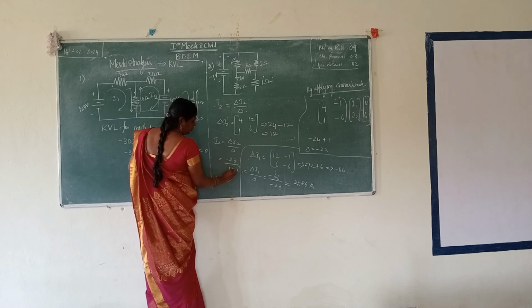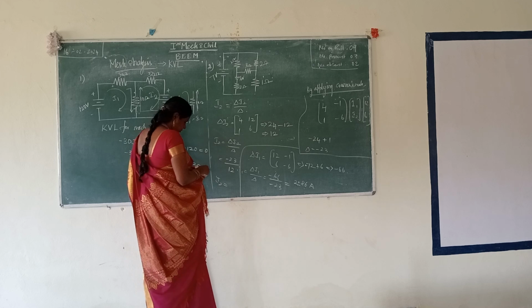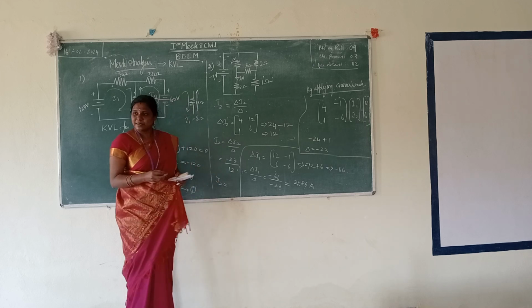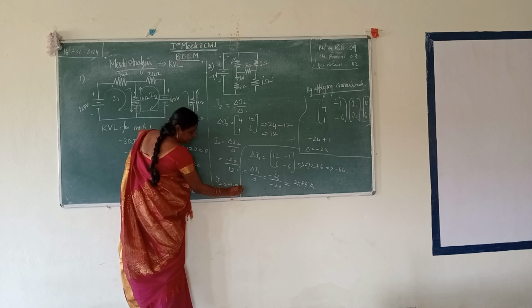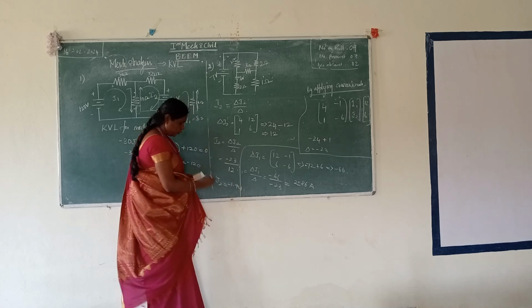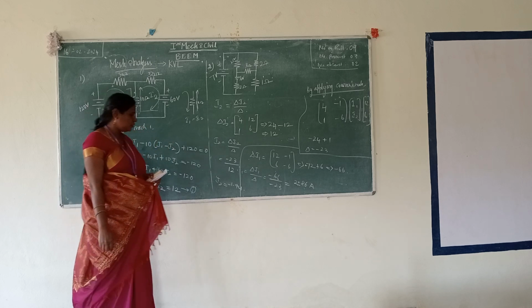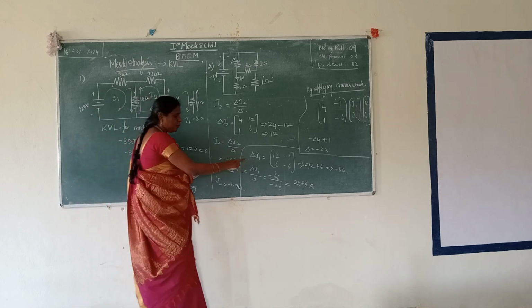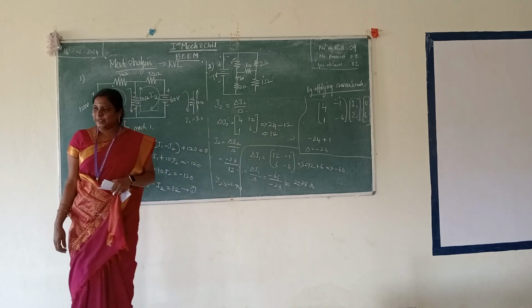So I2 is minus 1.91. So I1 is 2.86, I2 is minus 1.91 here.